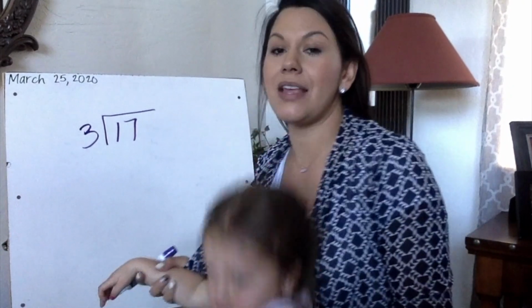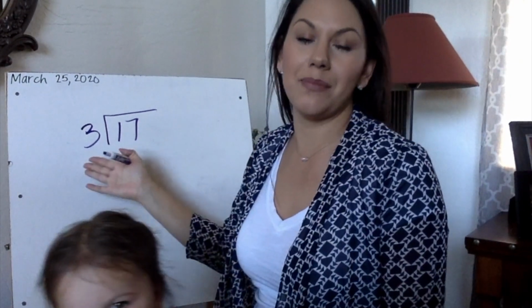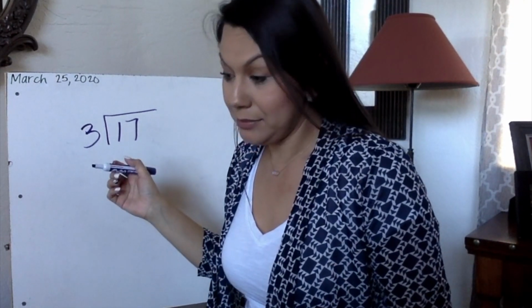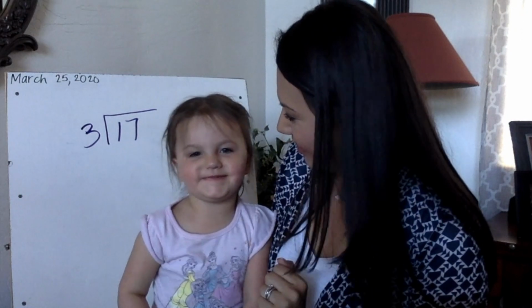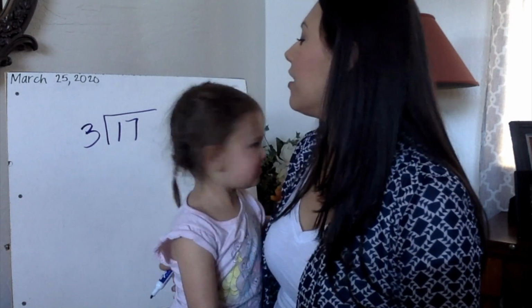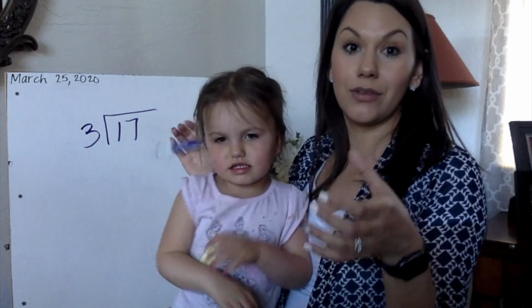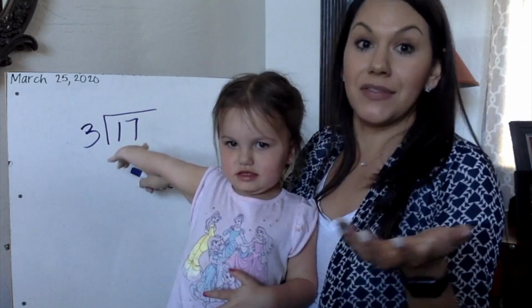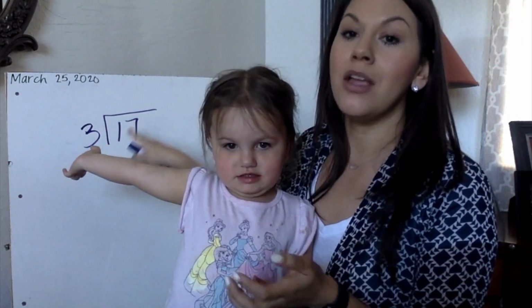So if I have 17 objects, I want to make them into 3 groups. So the quotient is going to give us how many we put in each of those groups. So we have 17 of something, and we're putting them into 3 groups. Our quotient's going to tell us how many are going to be in each group.